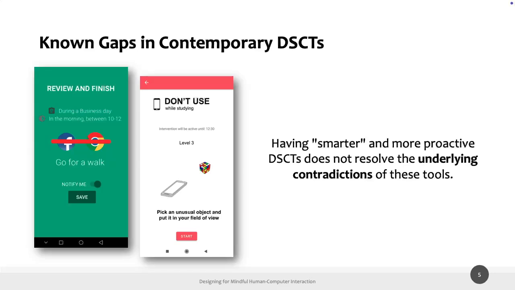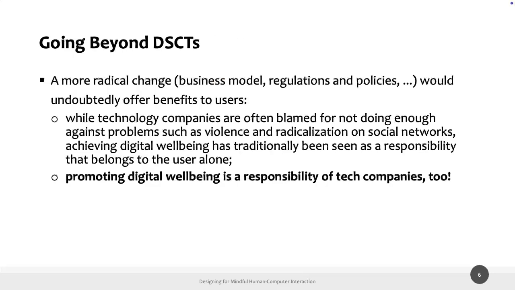So the question is, why not having a good technology by design? So there is the need, probably, at least in my opinion, to go beyond this kind of perspective, the end user perspective. And of course, more radical changes would offer benefits to users.